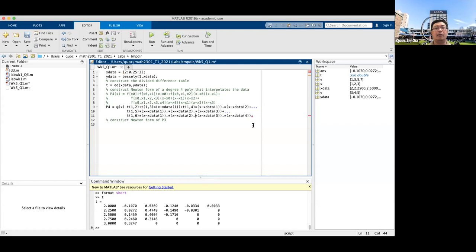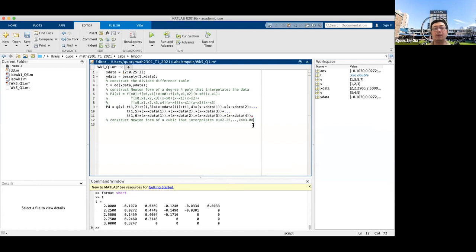Now, of a cubic that interpolates at x1 equal to 125 and so on up to x4 equal 3.